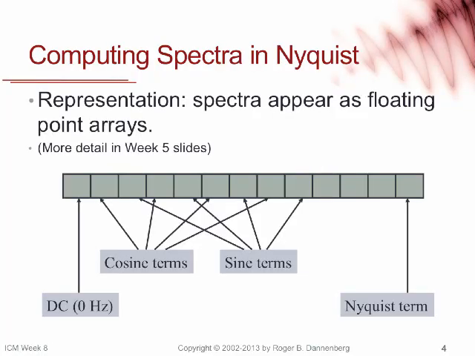And then recall from the discussion of the spectral centroid that in Nyquist, when we take FFTs, what comes back are arrays of floats, where the first element of the array at index 0 is the DC, or the 0 Hertz component. And then we have alternating cosine and sine terms all the way up to the top element of the array, which is the Nyquist frequency.